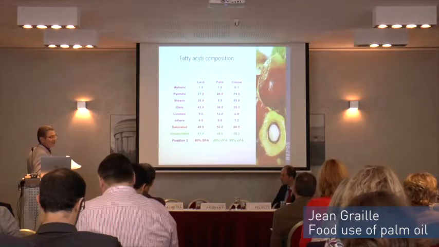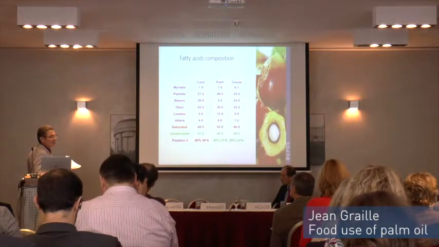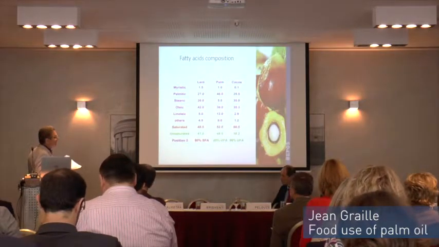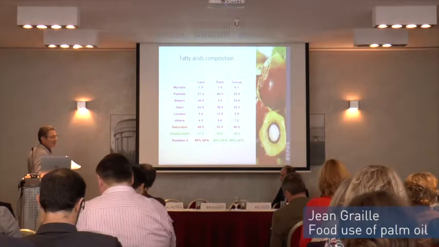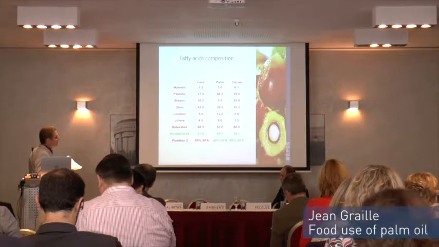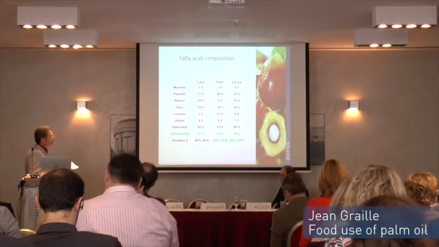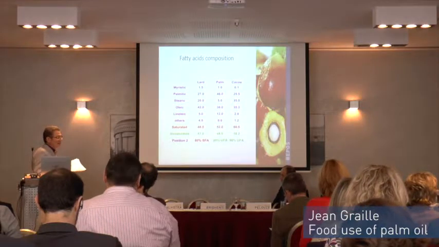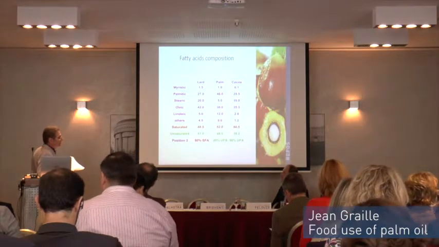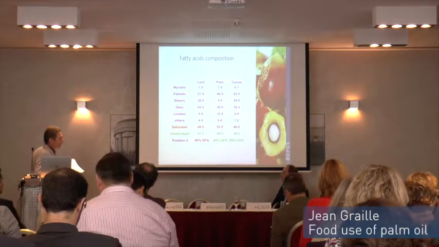So this is also very, very interesting. You are absorbing fewer calories with palm oil and cocoa butter than with sunflower, soybean oil, and so on. And this can be measured at the hospital in a calorimetric room.